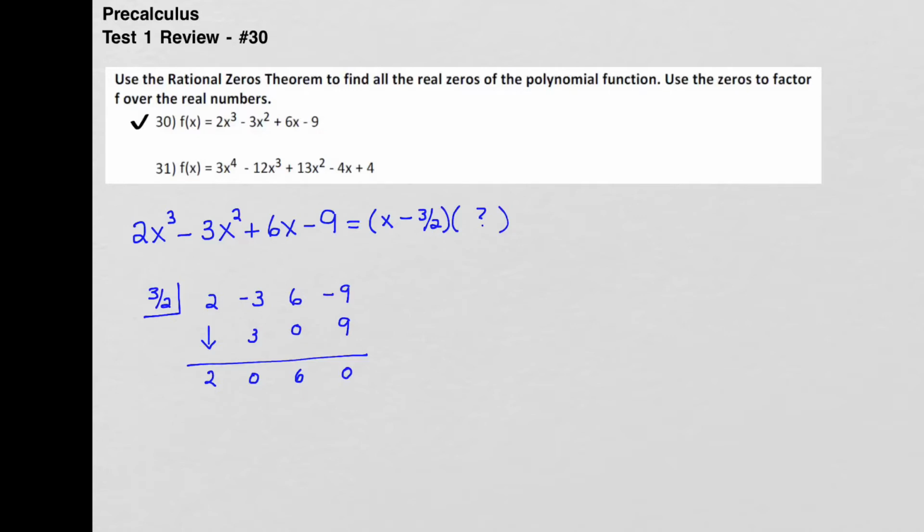So now what I know is that we have x minus 3/2 times 2x squared plus 6. And this is where I'm going to fix that fraction there.